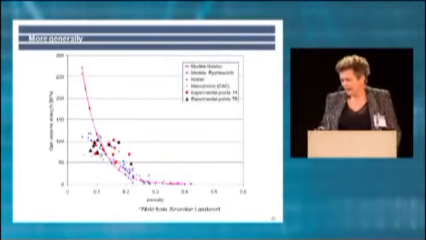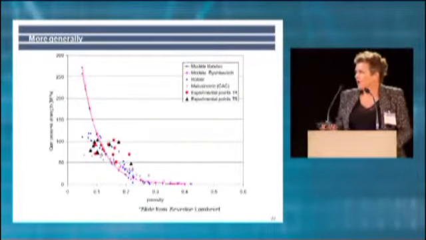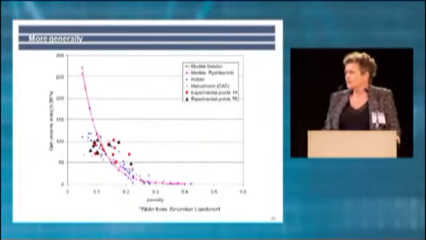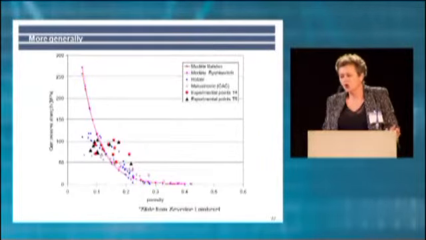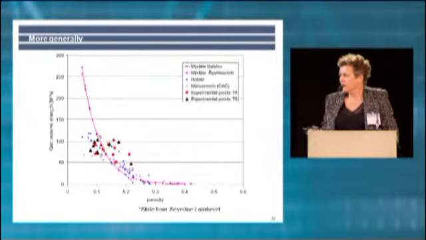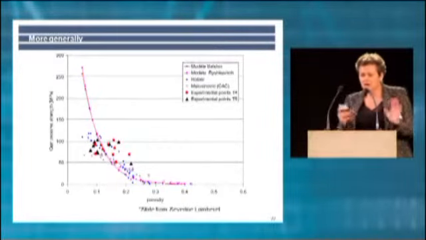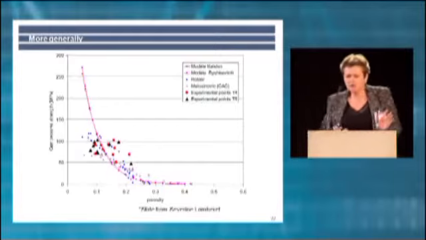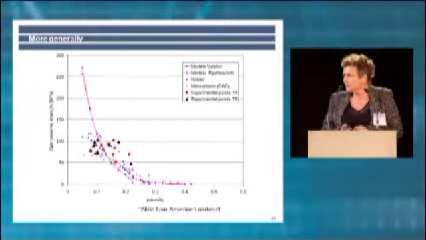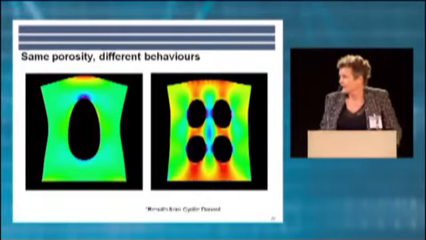And more generally, if we look at a whole group of results, the picture is much more complex. Here, for example, what this says is if we have 20% porosity, we might have a strength of 5 megapascals, or we might have a strength of 60 megapascals. And so that approach is totally useless for building a building, because we have to know the strength with a bit more precision than that.